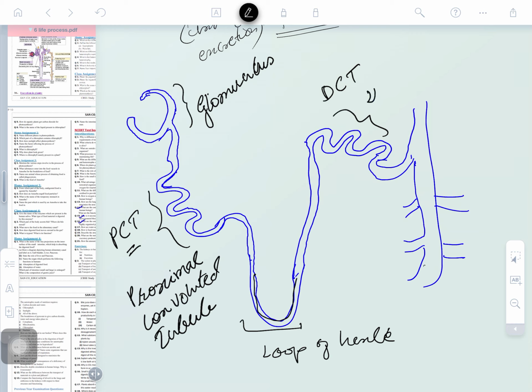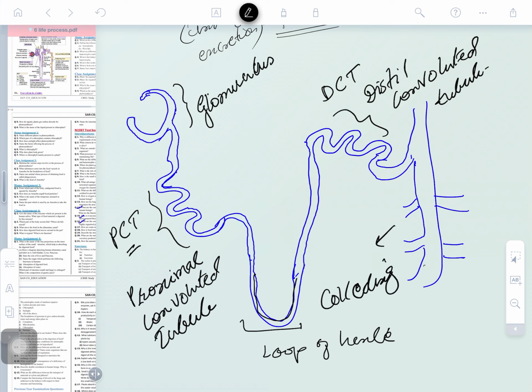And this is called the distal convoluted tubule, DCT. And this is your collecting duct. And the loop of Henle here.